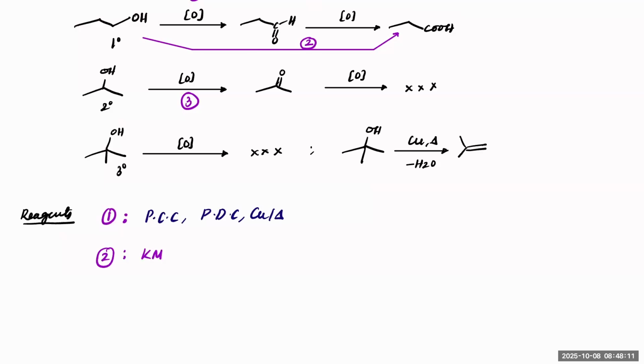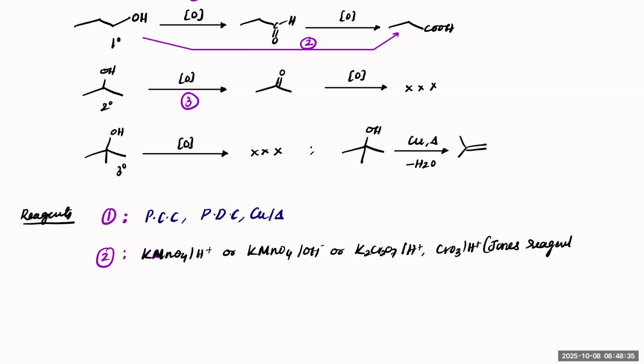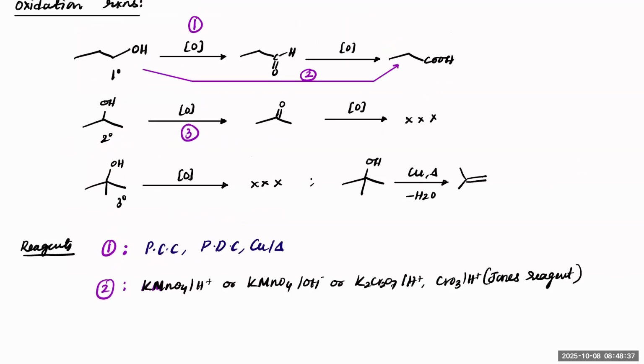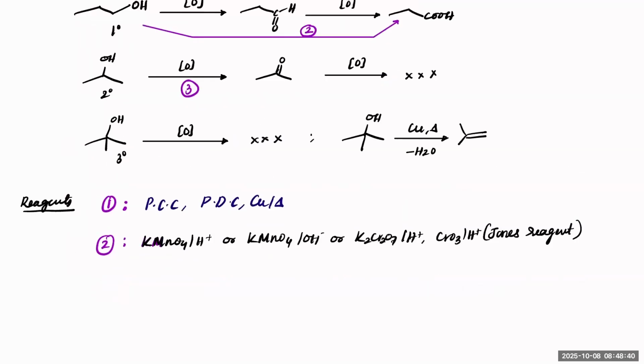You can see this is KMnO4 in acid or KMnO4 in basic medium, or K2Cr2O7 in acidic medium, or CrO3 in acidic medium, which is called Jones reagent. These are the reagents which will convert them into acids.